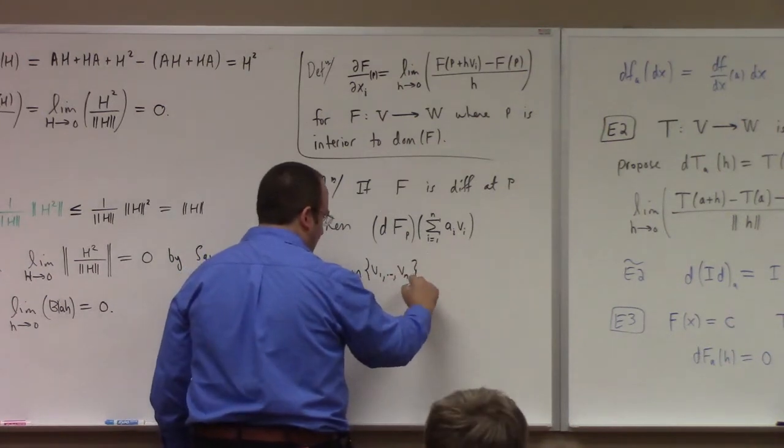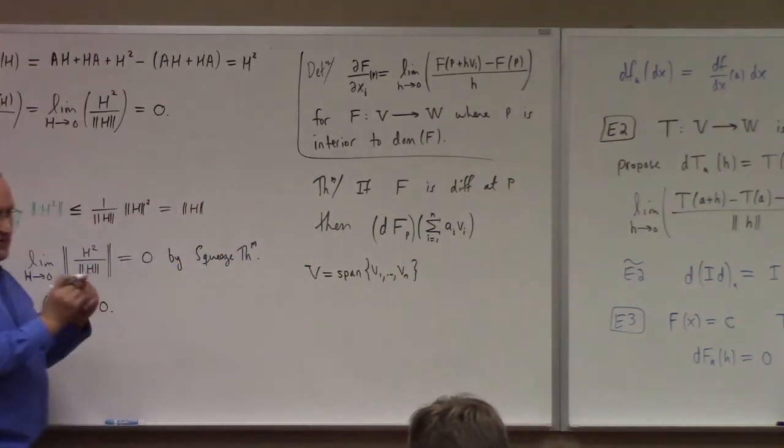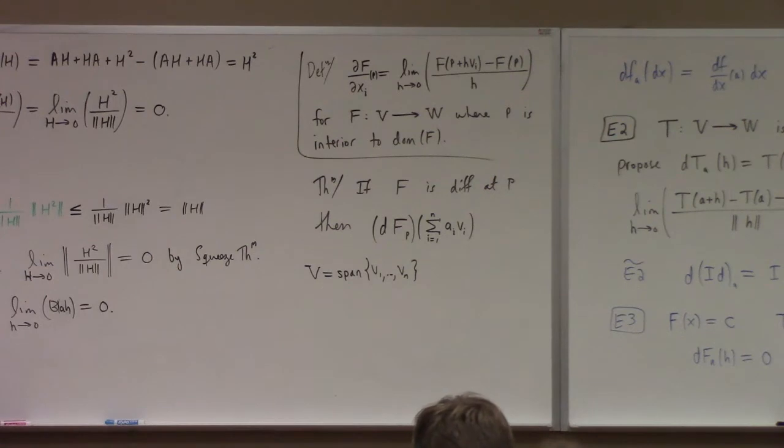I'm assuming that v1 through vn is a basis for the domain. I just defined partial differentiation with respect to that basis up there. It's just the usual directional derivative idea lifted up to the vector space. We're just looking at the function restricted to a line and differentiating that in the usual way.